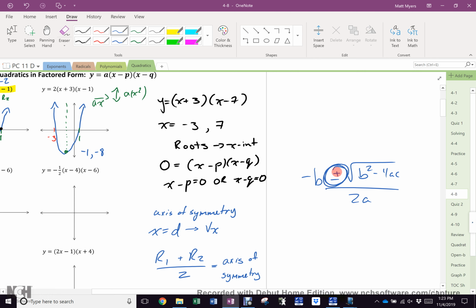Now, normally when we see a positive or a negative, we mean positive or negative, right? And what's the borderline between positive and negative? 0, right? We're all cool with that, yeah?